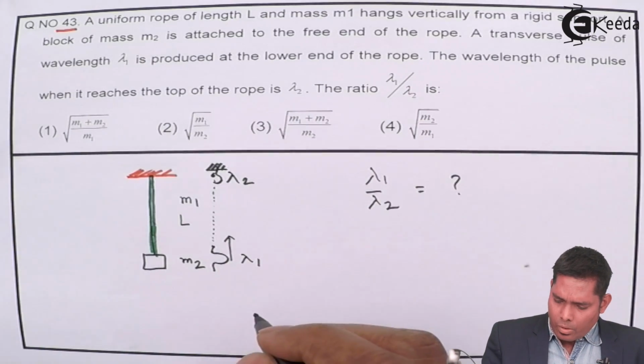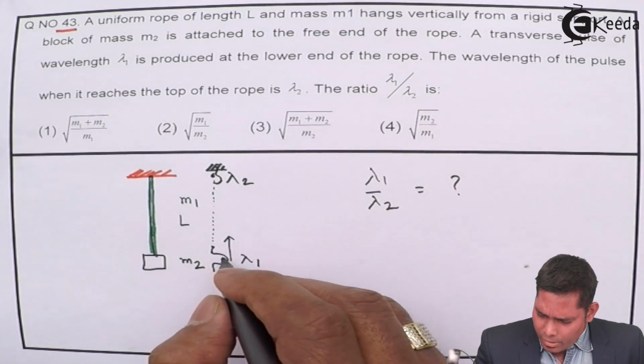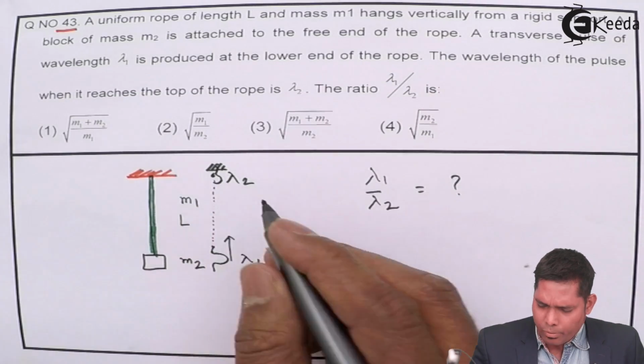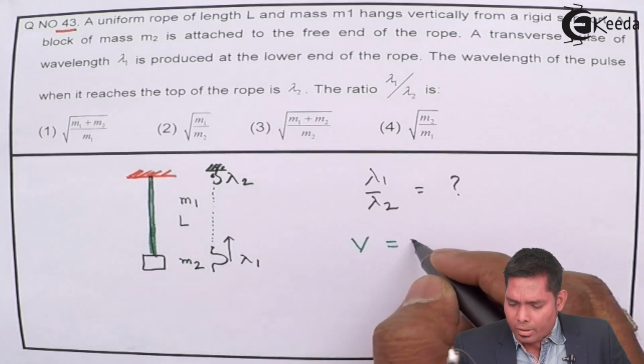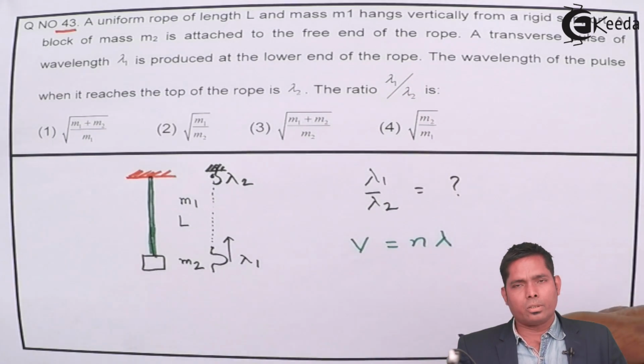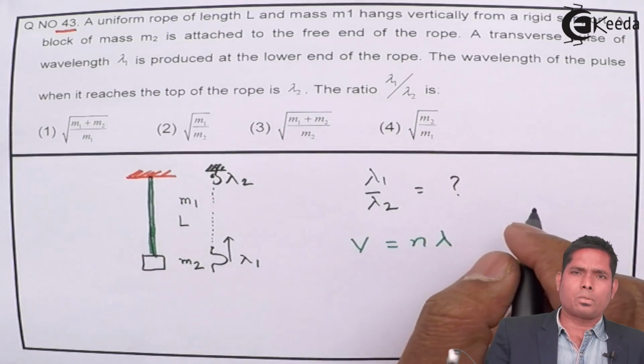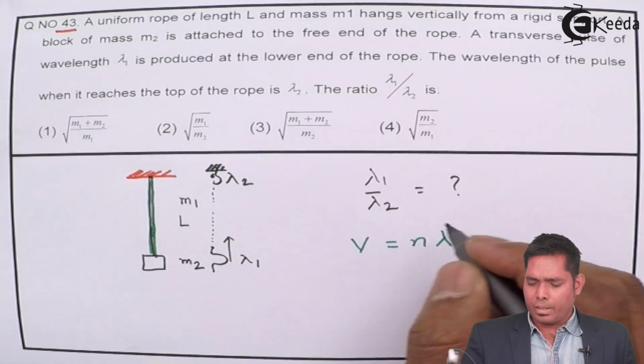We know that for any wave or wave pulse, the velocity of the wave is frequency into wavelength. This is for all types of waves, so this formula can be used.